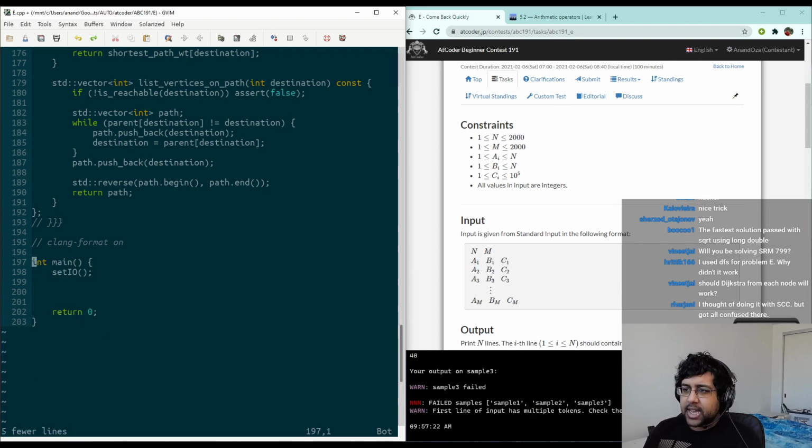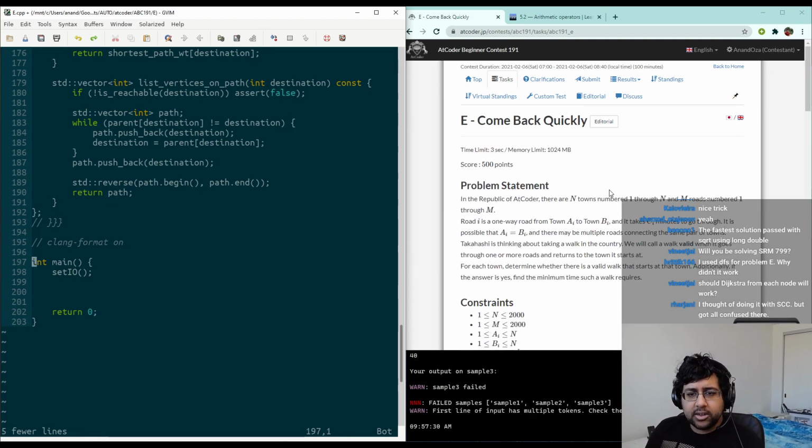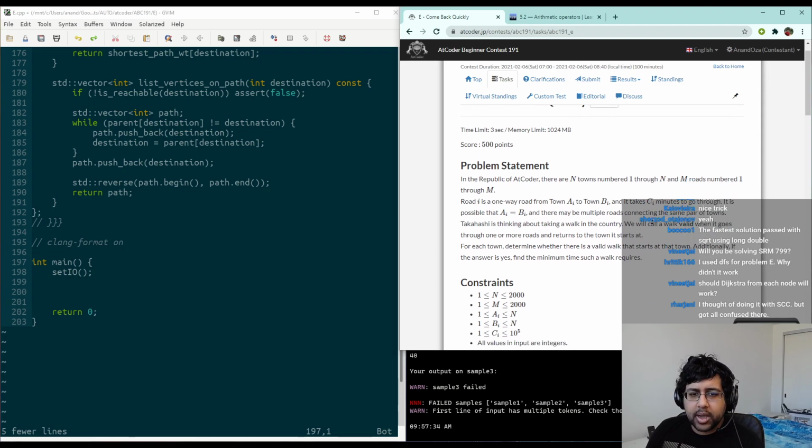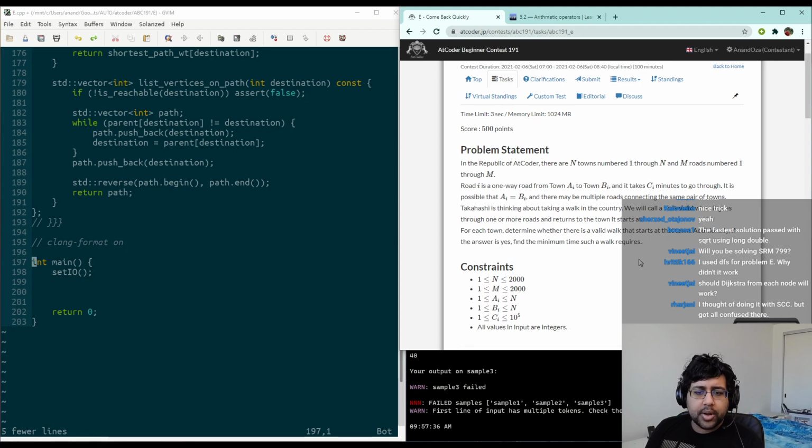Someone said I thought of it using SCC, but got all confused there. Yeah, so I'm actually not sure. This does kind of remind me of the definition of SCC, or strong connection, where you can go from a node back to itself. But I'm not really sure if there's a useful way to use the SCCs once you find them.